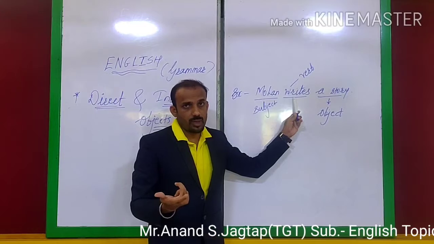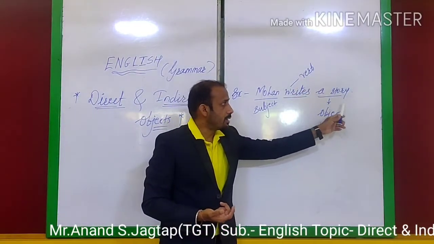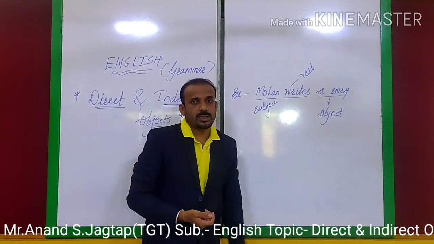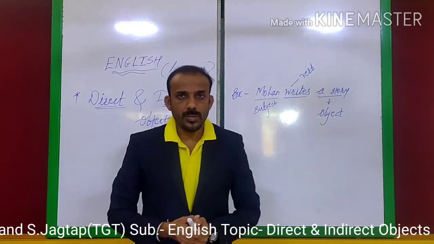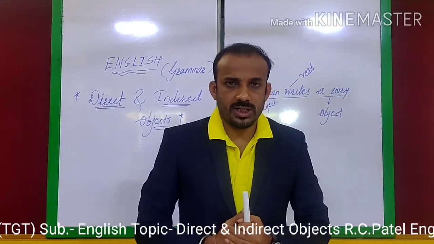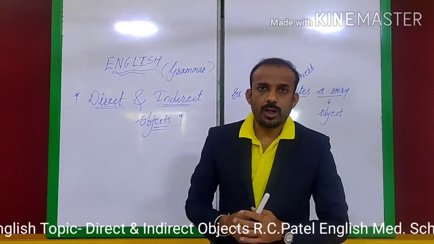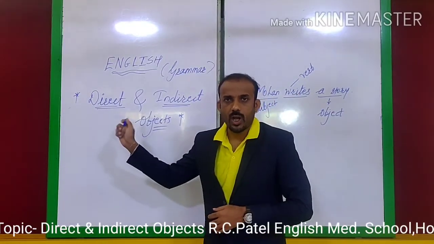Writes is the action word, so it is the verb, and a story is the object. If we know about the structure, we can easily understand direct and indirect object.